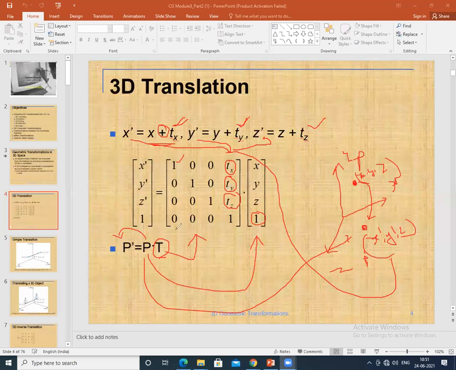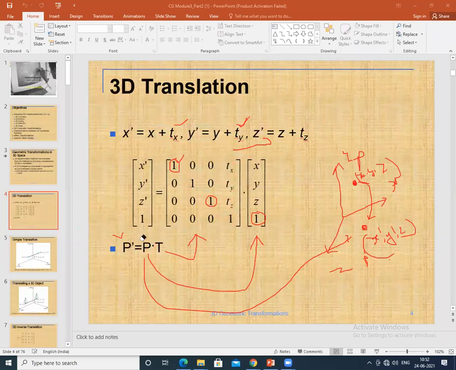In the translation matrix, the last row would be 0 0 0 1, whereas the fourth column sets tx for the x-axis, ty for the y-axis, and tz for the z-axis, and finally nothing to set. It is homogeneous, so we simply put 1 at the end. This is the overall concept of the translation matrix.